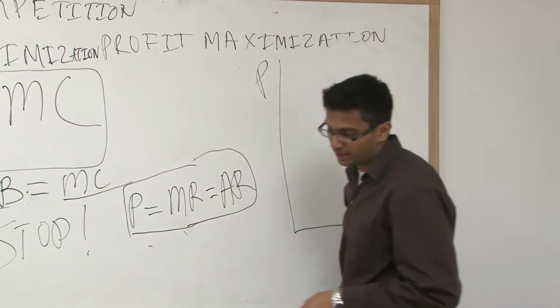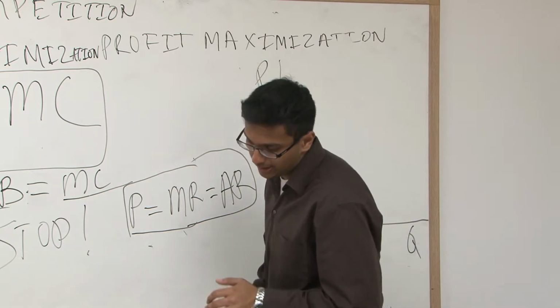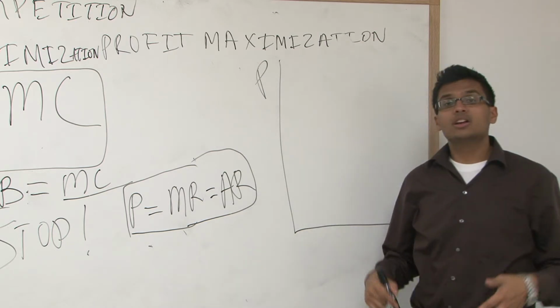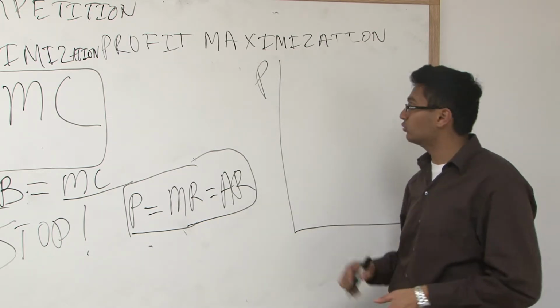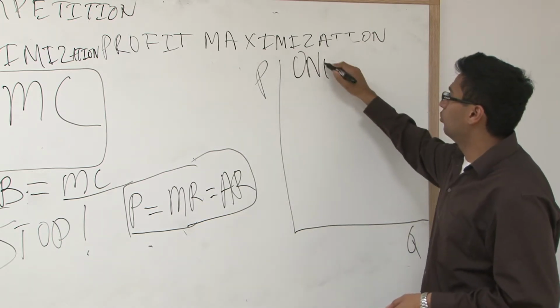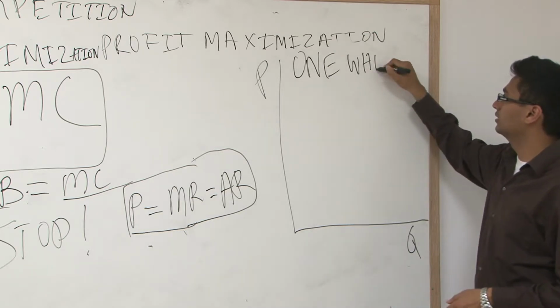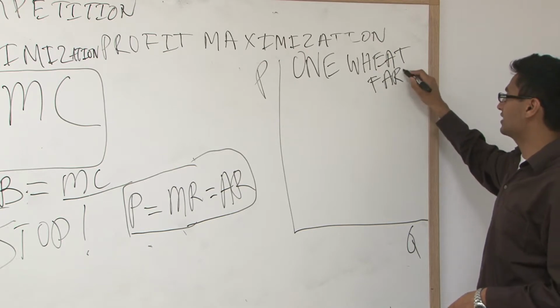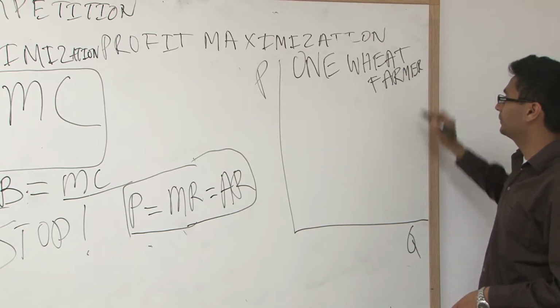Let me make sure I get the right model down. We're going to talk about a single producer. We talked about wheat, so let's stick to that. We'll say one wheat farmer. The farmer in this case is the firm.